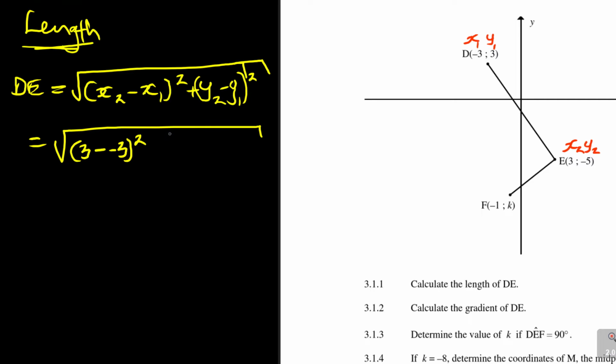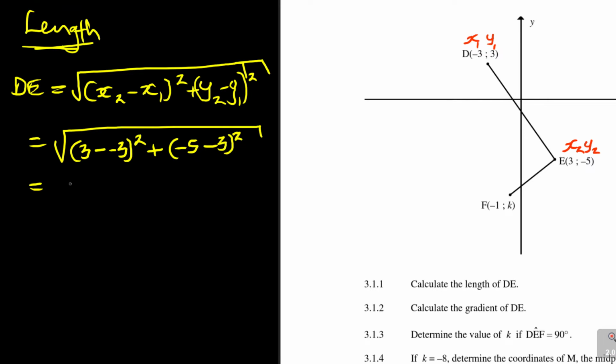If you do that, the calculator will still give you the answer. Plus y2, which is minus 5, minus y1, which is 3, squared. They don't penalize you even if you leave it like that. I know you're saying this is a plus, but it's fine.